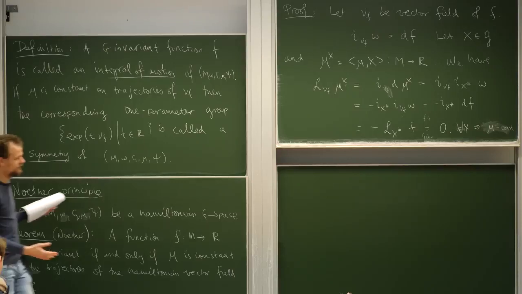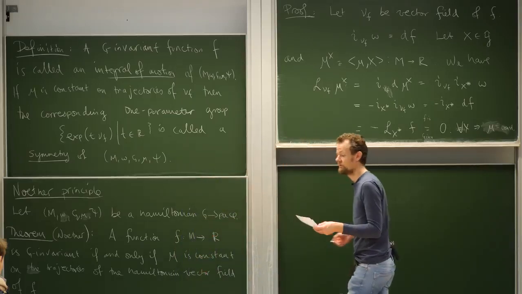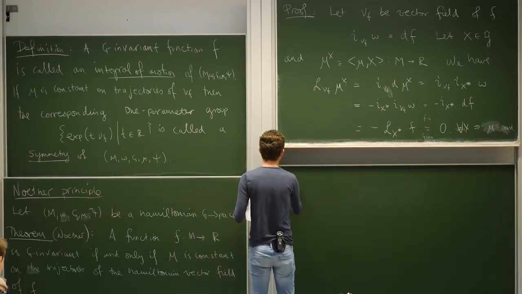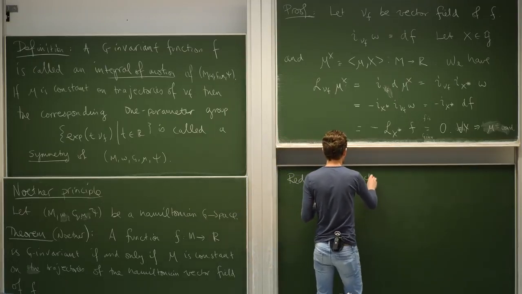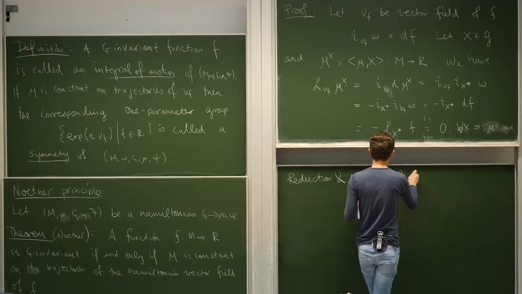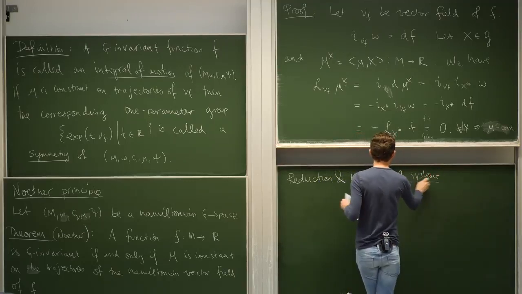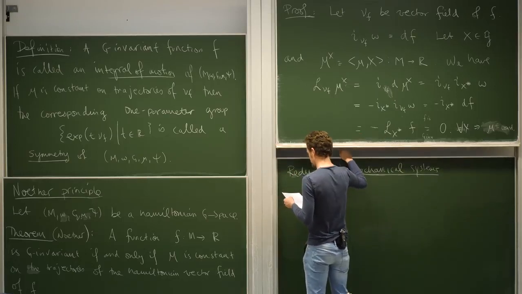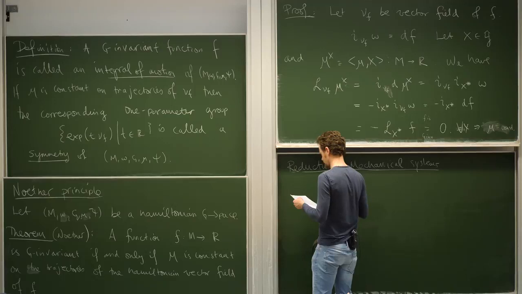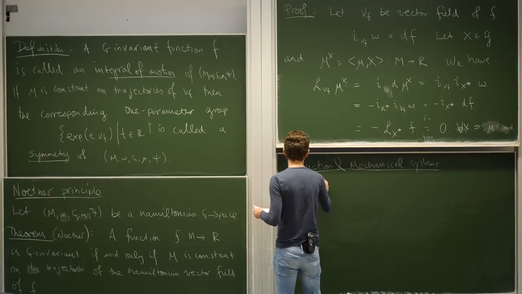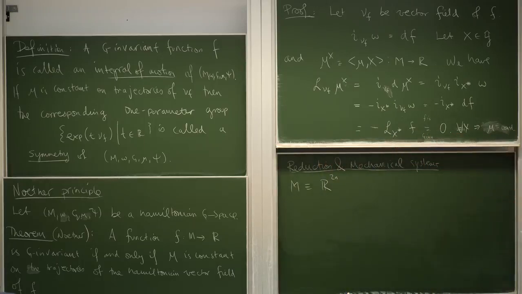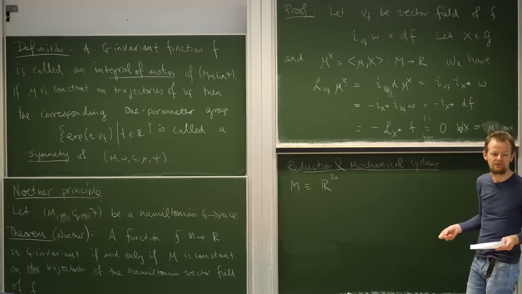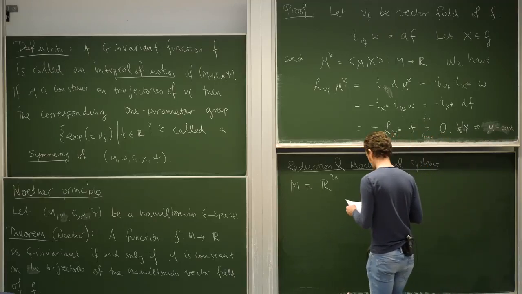So we're going to look at how symmetries of mechanical systems allow us to reduce phase space. All right, so here we've got M is R to the 2n. So it's the theory of, if you like, a single point mass in a 2n dimensional manifold, or if you like n point particles, it's the same interpretation.